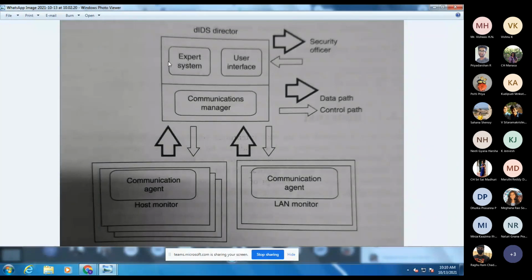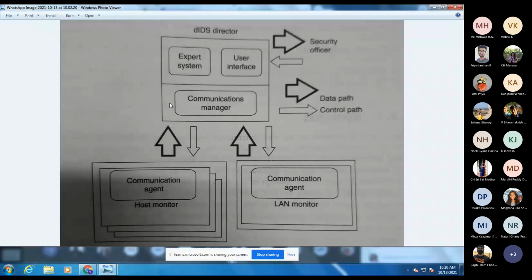And then there will be an expert system which will be responsible for evaluating and reporting on the security state of the monitored system. So this expert system will get to know whether that is definitely an intrusion or whether it is an attack. If it is an intrusion and attack, to what extent that is destroying your system, every detail will be generated by this expert system.